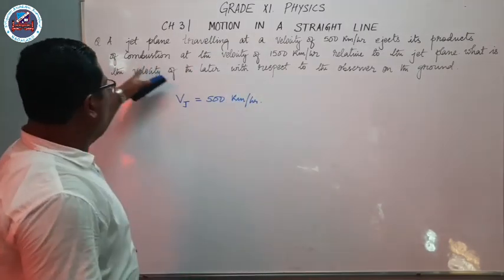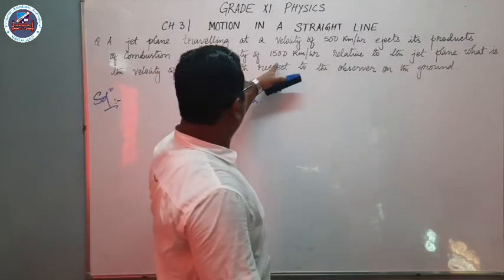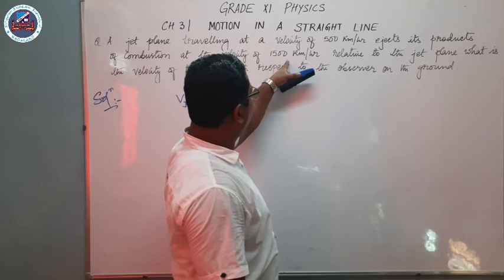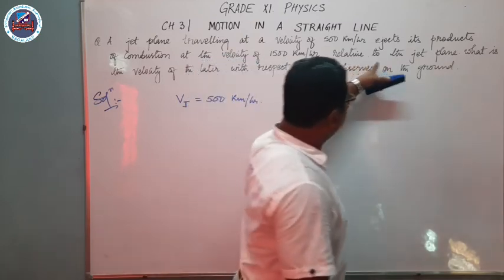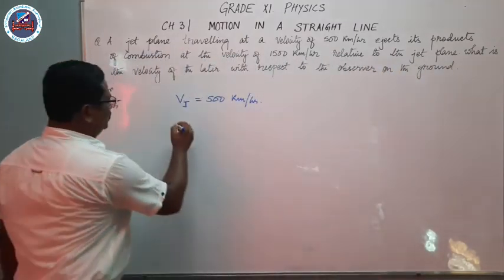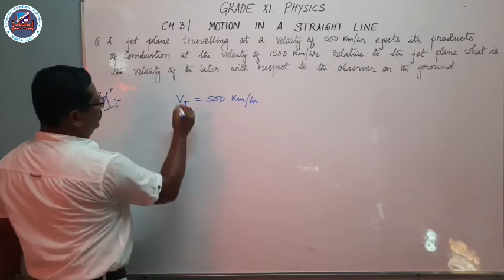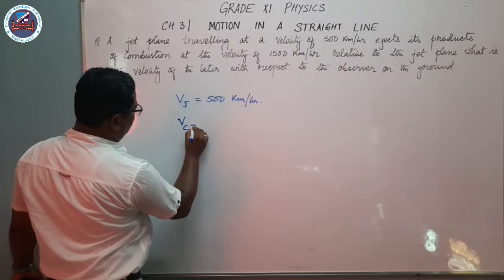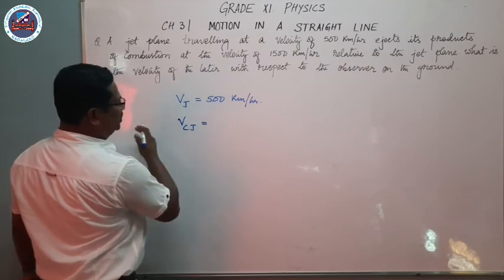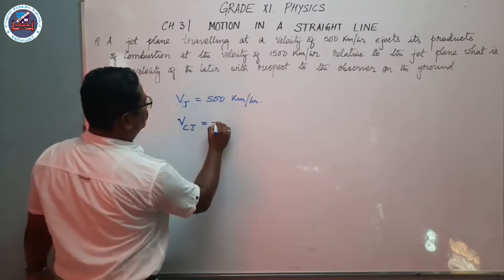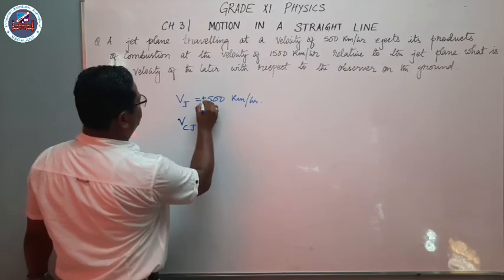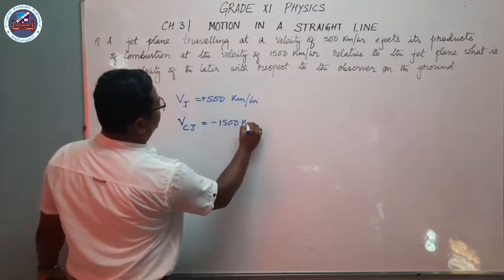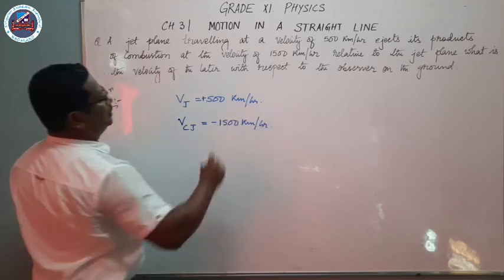It ejects its products of combustion, the smoke coming out from the jet plane, at a velocity of 1500 km per hour relative to the jet plane. So the velocity of products of combustion, let me write this as C, relative to the jet plane will be in the opposite direction. Opposite to the direction of the jet plane, we will write it as minus. The jet plane's direction will be positive, and this is 1500 km per hour.